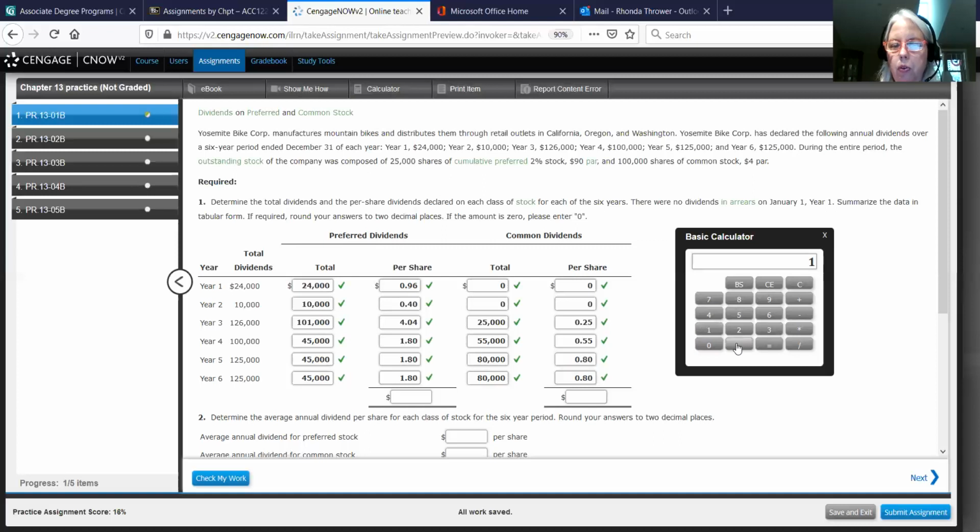In year four, it was $1.80. In year five, it was $1.80. And in year six, it was $1.80. In other words, I'm adding this per share column up for our preferred dividends, and I'm going to get a total amount of $10.80.